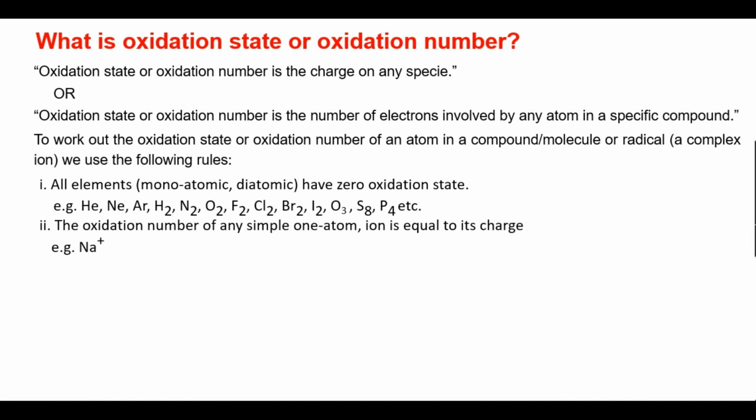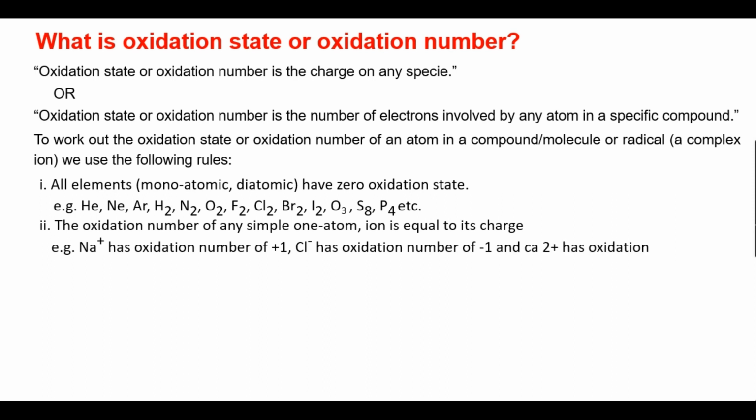For example, sodium ion has oxidation number of +1, whereas the chloride ion has oxidation number of -1 and calcium ion has oxidation number of +2. So if we have a simple ion, the charge on that simple ion will be equal to the oxidation state or oxidation number of that ion.